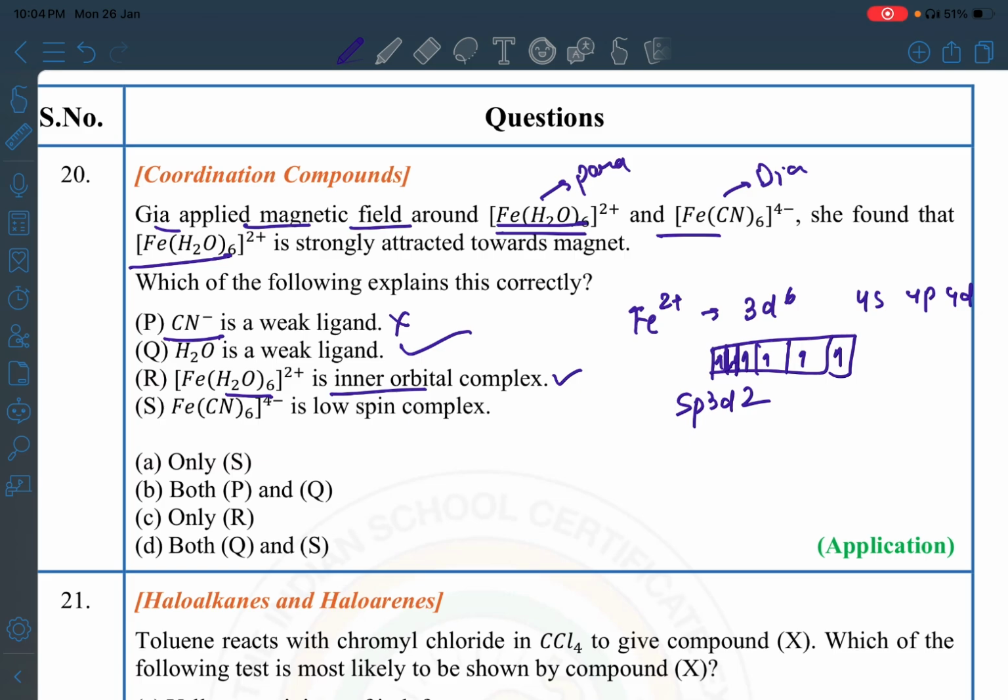So technically this one is sp3d2, which is an outer orbital complex, not an inner orbital complex. So this statement is also incorrect. Now, a strong field ligand gives low spin and a weak field ligand gives high spin. So this statement is correct. So Q and S are correct. So option number D, Q and S is correct.